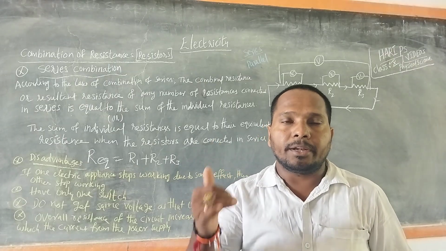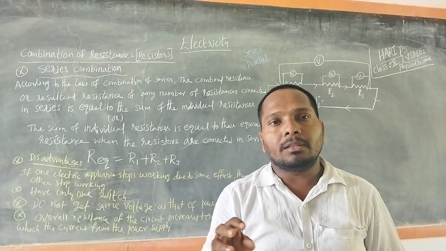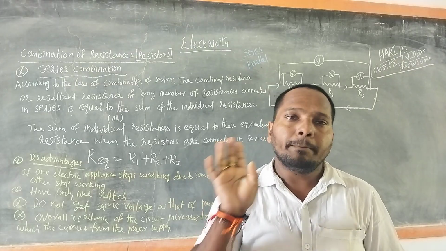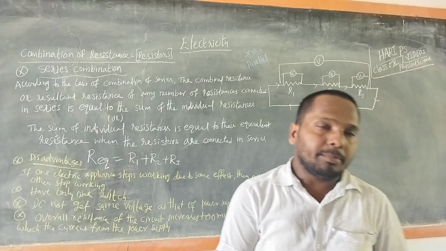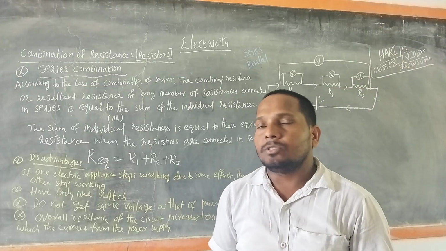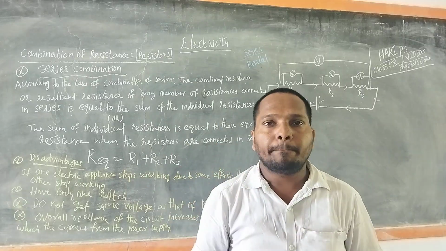If you want to reduce the total resistance, all the resistors are connected in parallel. So the resistance can be combined in two ways: series and parallel.